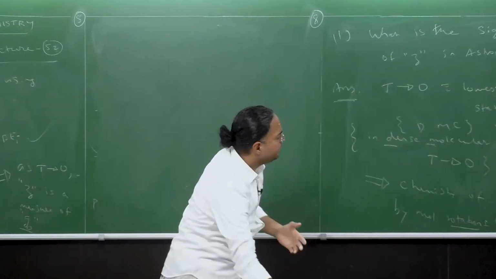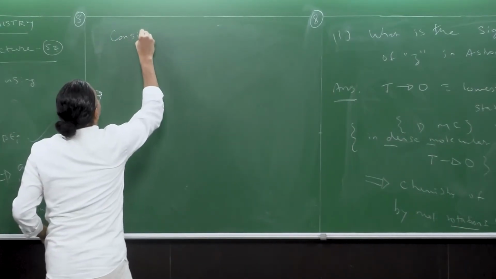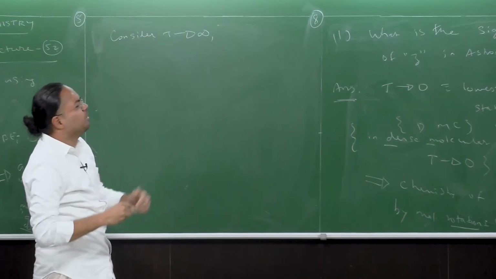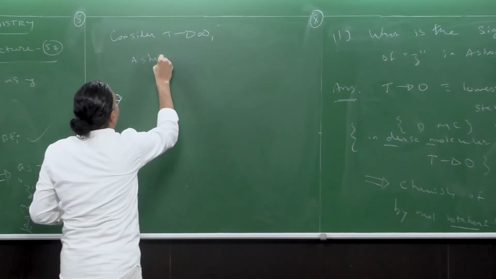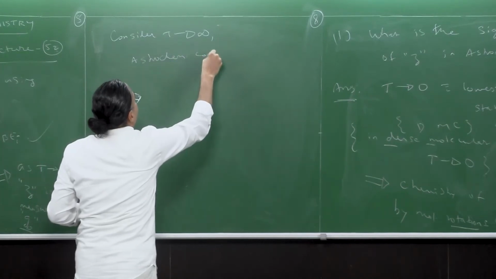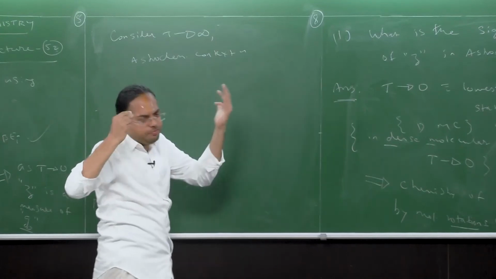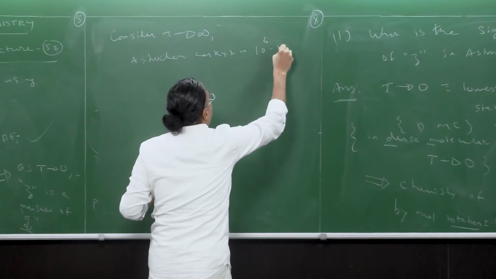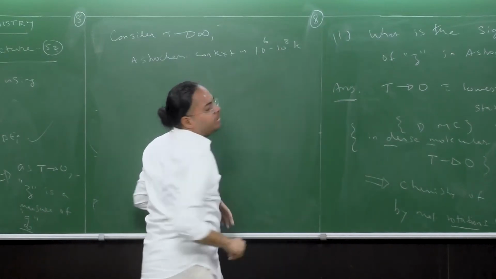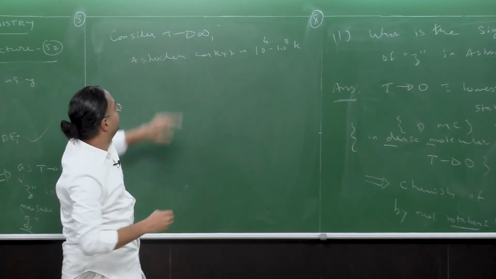Likewise, similarly, if you consider when T tends to infinity, for the case of astrochemistry, let's say within astrochemical context, let's say we define infinity as 10 to the power 6 Kelvin or 10 to the power 8 Kelvin, etc. That is at very large temperatures, right? All states are accessible.